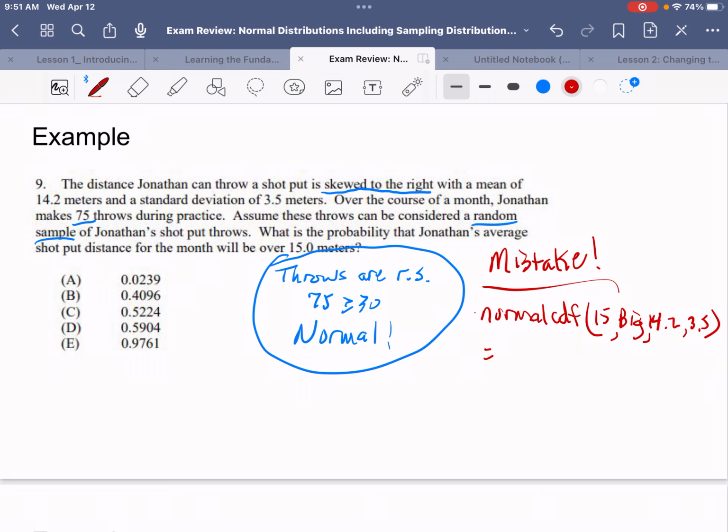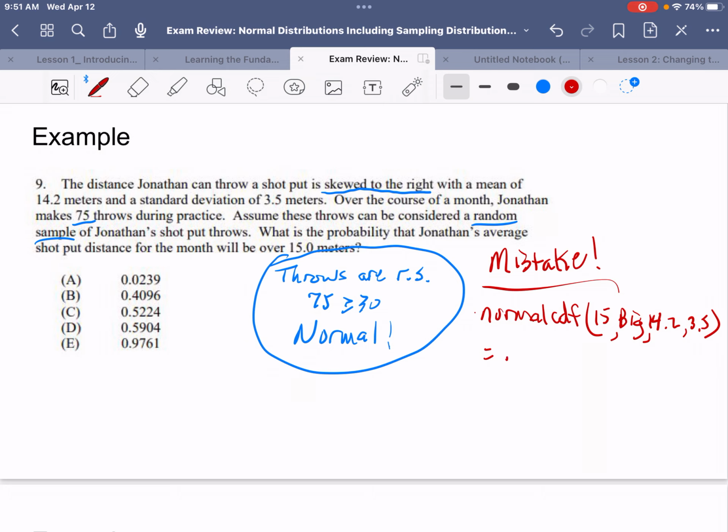And so let's grab the calculator and actually type this in. So menu, statistics, distributions, normal CDF. 15, upper bound, big number, mean 14.2, and the standard deviation 3.5, and okay.